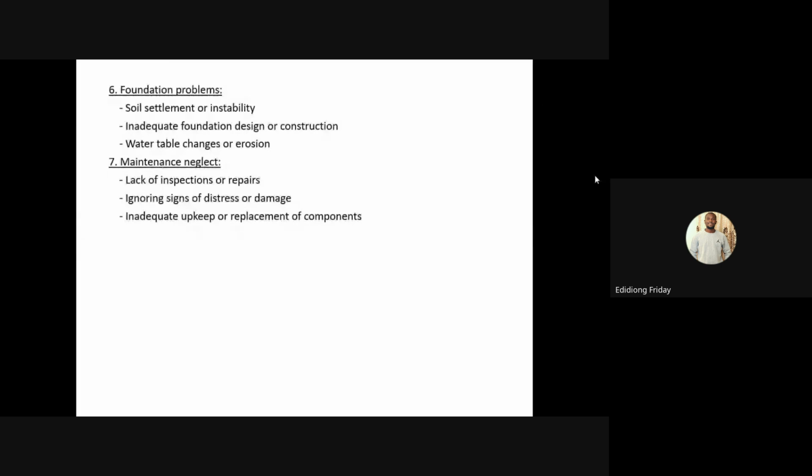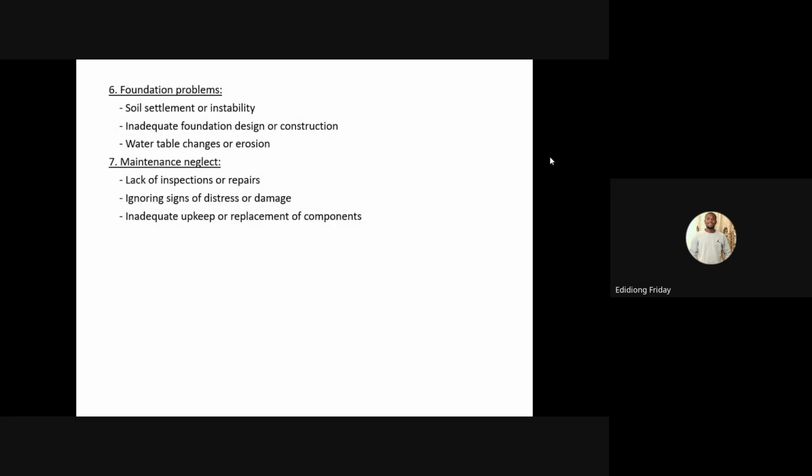Now, water table changes or erosion. This is also a major cause in the riverine areas. So those in the riverine areas have to choose their materials properly. If it's concrete, you have to know the grade of concrete to use.